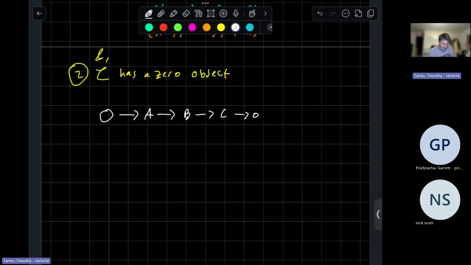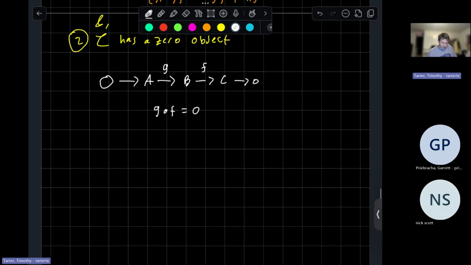where g circ f is equal to 0. And then an exact sequence, the thing that makes it exact, is if the kernel of g is equal to the image of f.